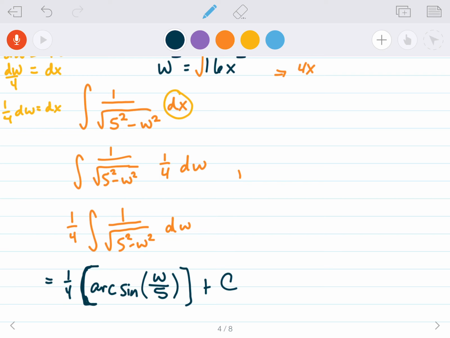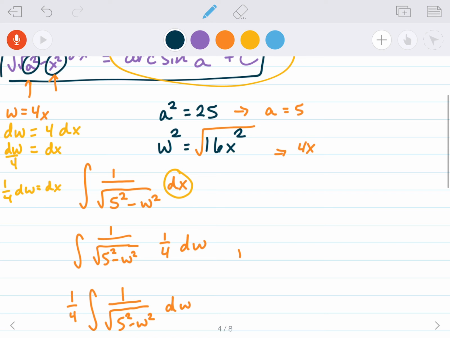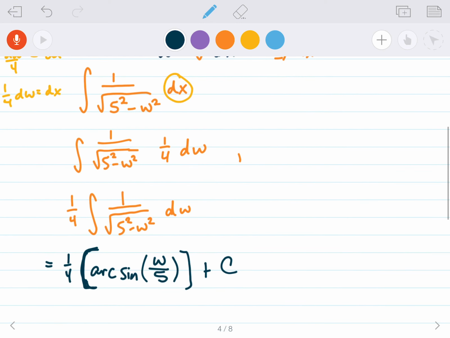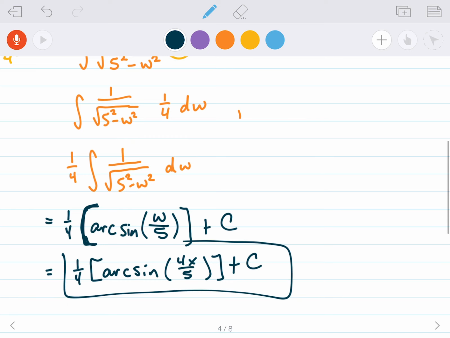The last thing to do is sub back in what w was. W was 4x. So my final answer here is a fourth times arc sine of 4x over 5 plus c. And that is my final answer there.